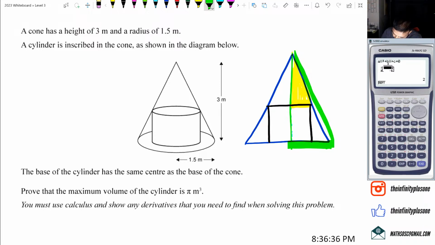So that green triangle and the yellow triangle are similar triangles. Now if you look at the green triangle's height, it is 3 meters, and the base of the green triangle is 1.5 meters.